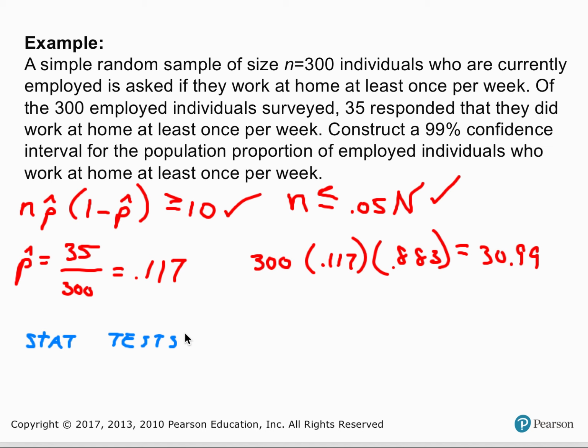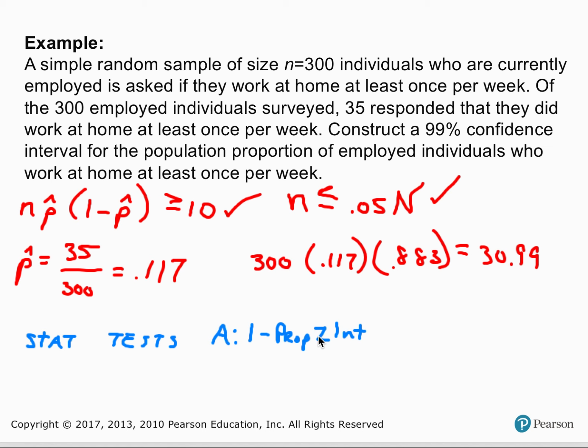Then we're going to scroll all the way down through all the numbers. It starts over there with the alphabet to A, 1-PropZInt. Let me go way down there and see exactly what it says. Yep, so I'm going to choose that one.